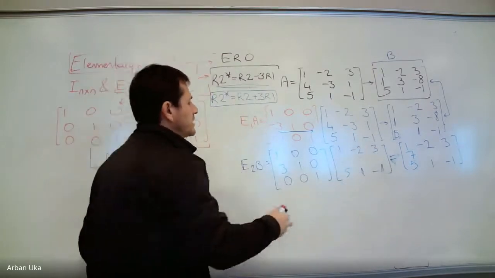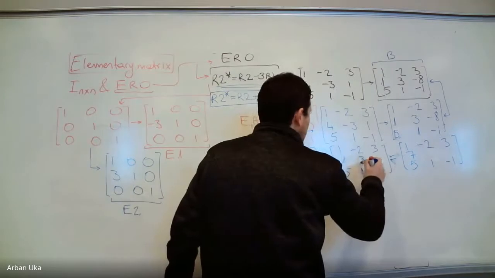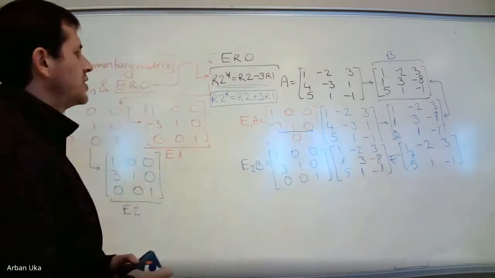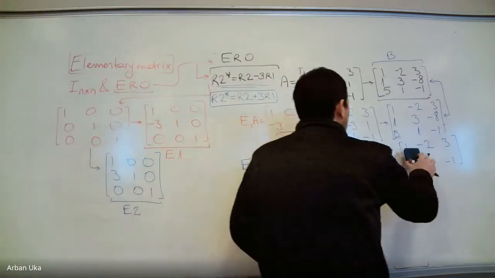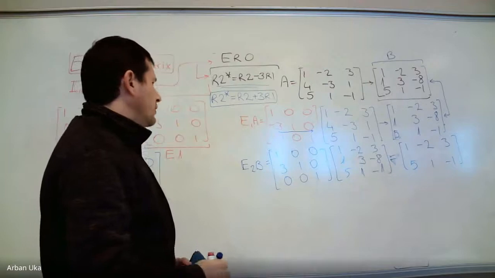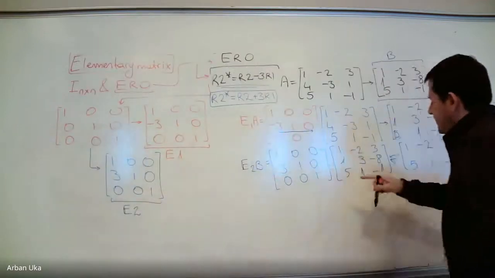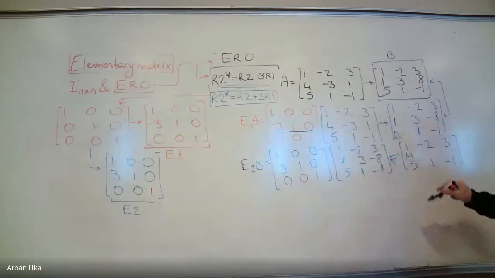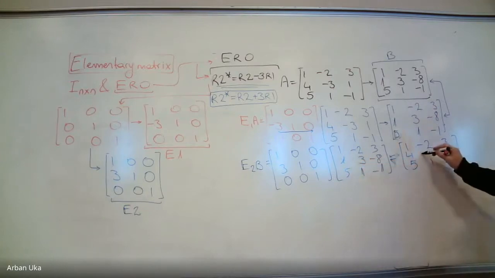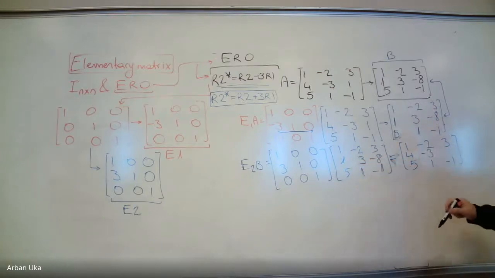B is 1, 3, minus 8. So it looks like only the second row is changing. So then here we'll have 3 plus 1, this would be 4, minus 6 plus 3, minus 3, and then we have 9 minus 8, we get 1.